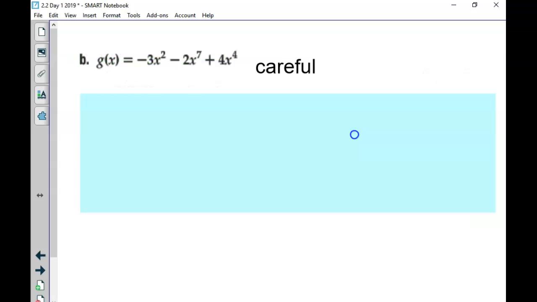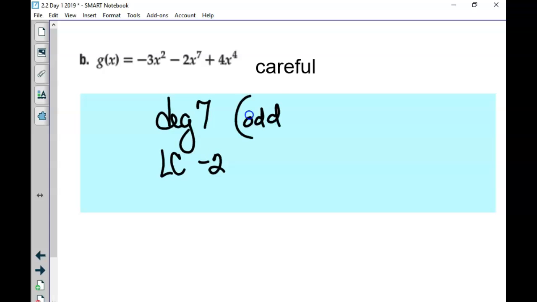Okay, here's an example. Why does it say be careful? It's not in order. So what is the degree? Leading coefficient is, okay, so it's odd degree, meaning the ends are going to go opposite ways, right?